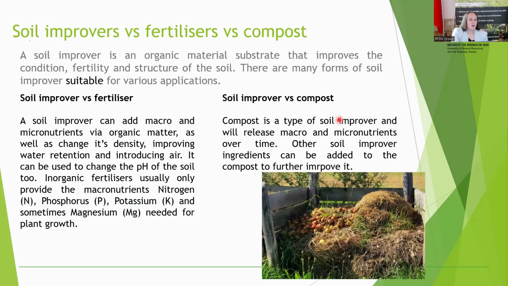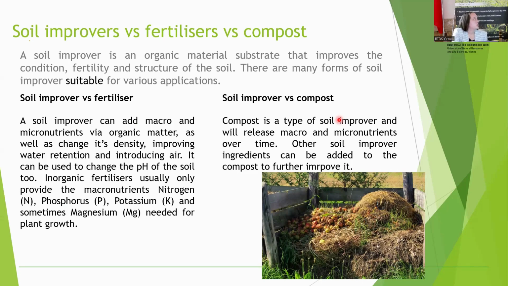But what is now the difference between a soil improver, a fertilizer, and compost? How do we discern this? So, a soil improver versus a fertilizer. The soil improver can add macro and micronutrients via the organic matter. And it is improving the soil fertility, but also the structure.